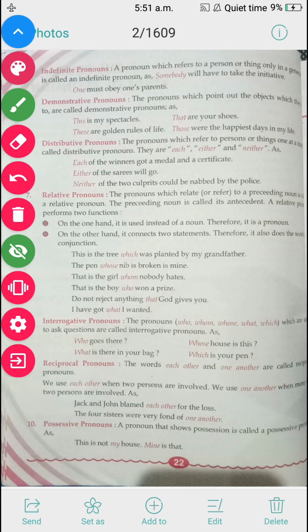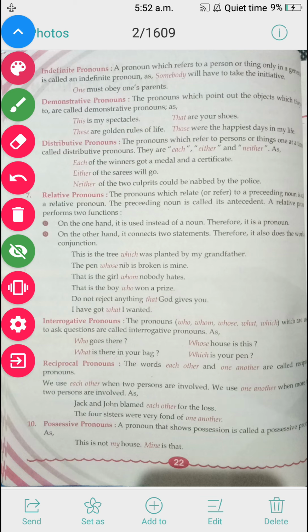As in, Jack and John blamed each other. The four sisters were very fond of one another. So you have come to know that each other is for two and one another is for more than two.